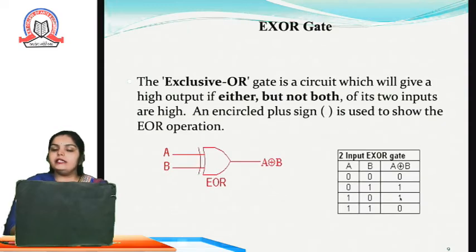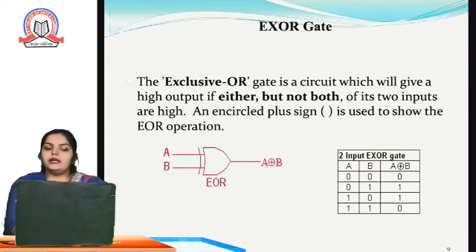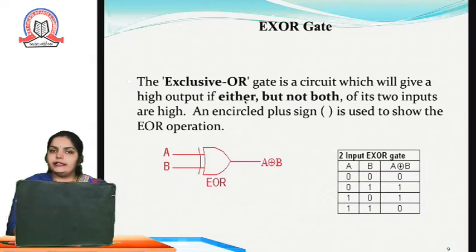The next gate is the XOR gate. It is also pronounced as exclusive OR gate. Okay, so it is a circuit which will give a high output if either of the inputs is high, meaning if any one of the inputs is high, it will produce the high result.